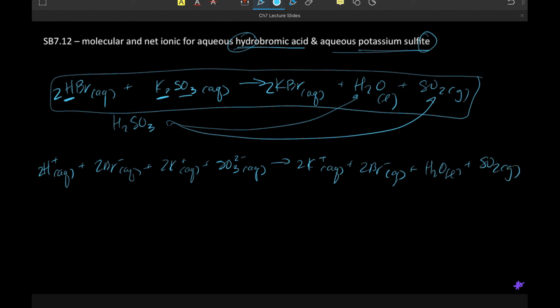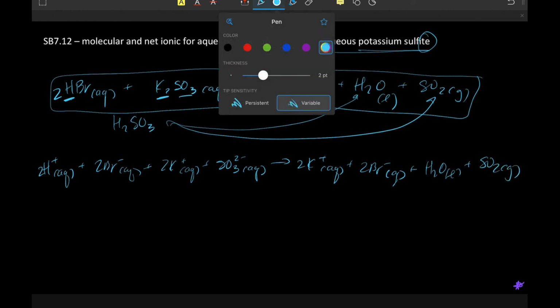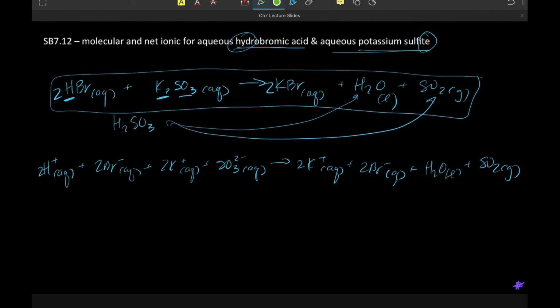And we're going to go through and cross out the things that are exactly the same on both sides. So potassiums are the same, bromides are the same. Everything else becomes our net ionic.